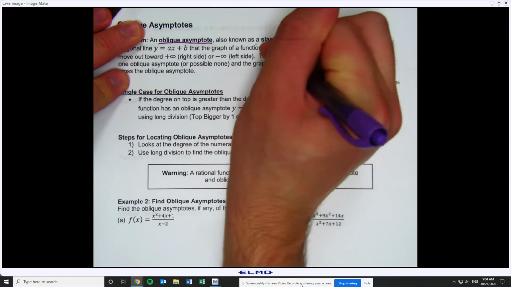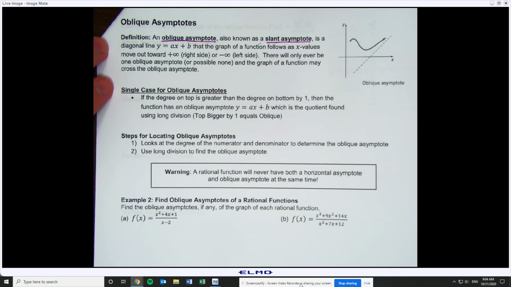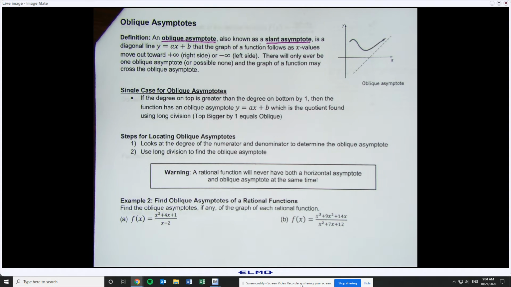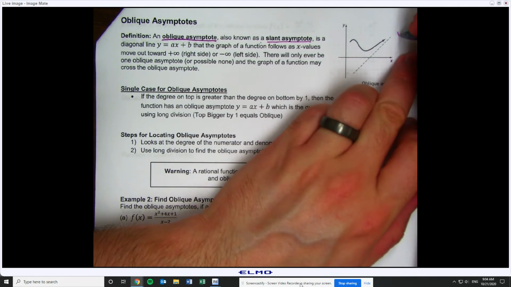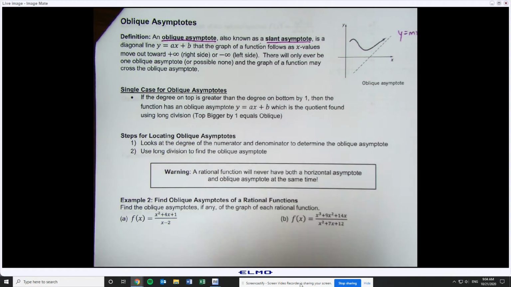So oblique asymptote and slant asymptote, same thing. And what these look like, these are asymptotes, so they're invisible dotted lines, but they slant. But what's special about them is you need to realize that these are of the form y equals mx plus b. It's a linear line.